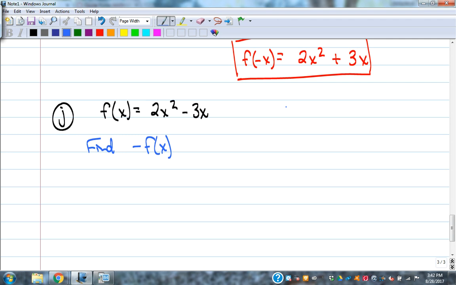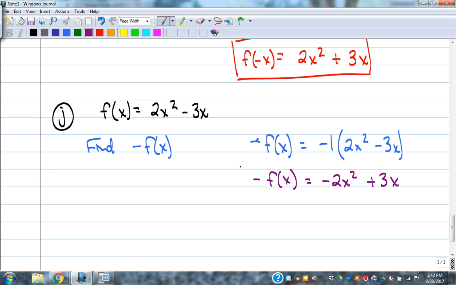Positive. Just change. That's exactly right. It changes the sign of everybody in the problem. So negative f of x is just like negative 1 times 2x squared minus 3x. And then just simplify that. So that's negative 2x squared, and that becomes positive 3x. And that's negative f of x. That's the math involved. It isn't necessarily something you'd have to show the work on, but that's what's happening. It changes the signs by multiplying by something.